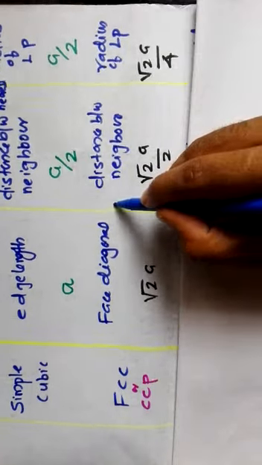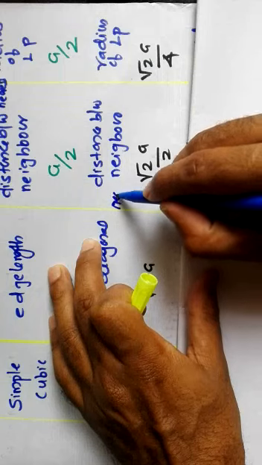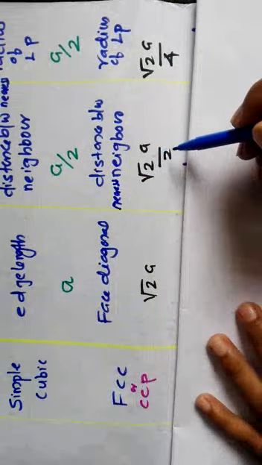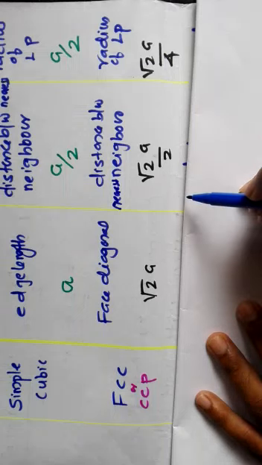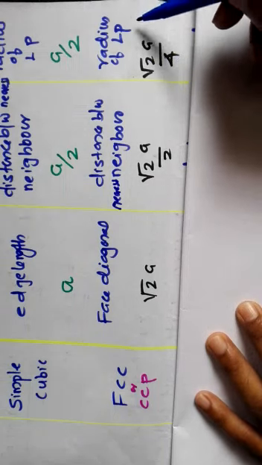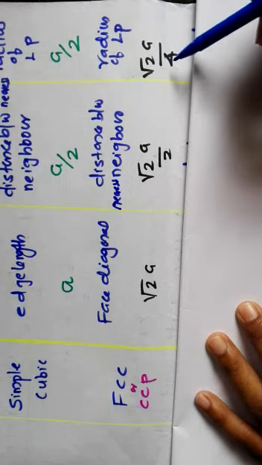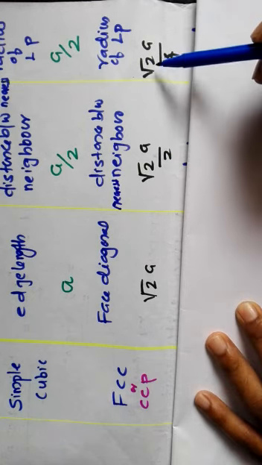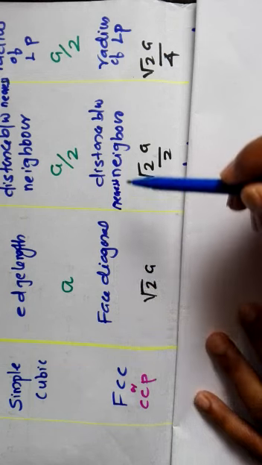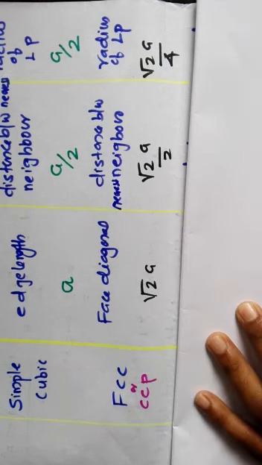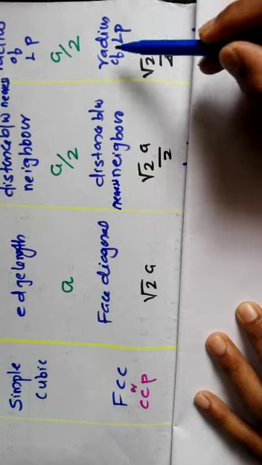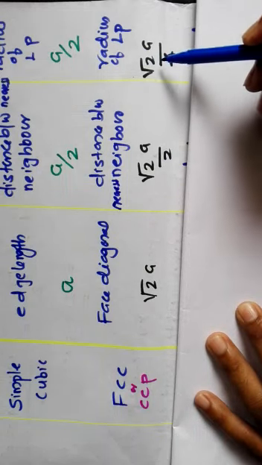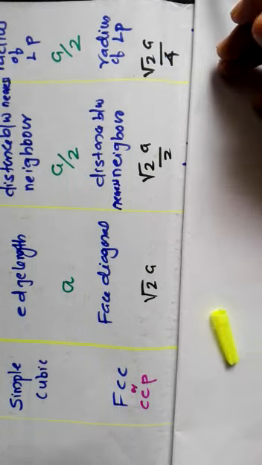Distance between nearest neighbors is root 2a by 2, half of the face diagonal. Radius of the lattice point is root 2a by 4. Look here: root 2a by 2, root 2a by 4. Face diagonal, distance between nearest neighbors, and radius of lattice point: root 2a by 2, half, again half, root 2a by 4.